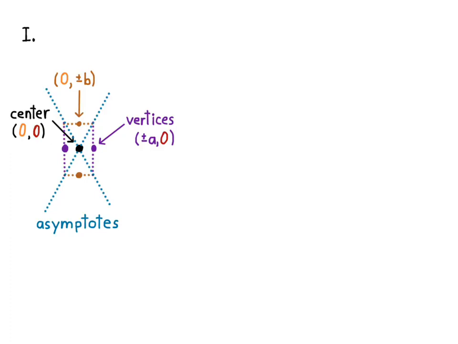Now, if you're supposed to find the equations of those lines, graph it, and then find the equation for the line. It goes through the origin, so it's going to be y equals mx, because the y-intercept is 0. It's usually mx plus b, but b is 0, right? So y equals mx. What is m? Rise over run. So the rise here, if you go from the center, you're going up b, and then you're going over a.